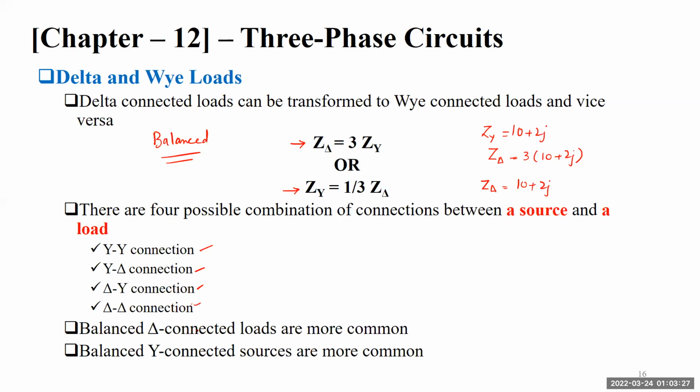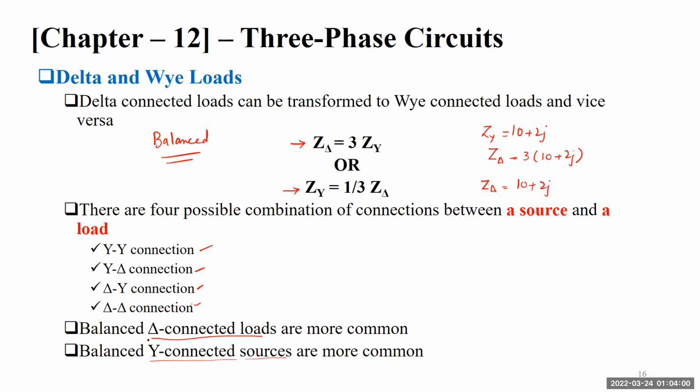But remember, the most common convention is that loads are generally connected in delta, and Y connected sources are more common in industry, in the normal power systems we have, or the power that is coming to our homes from different generating stations. This is what is mostly seen.